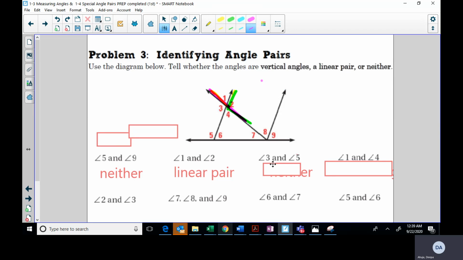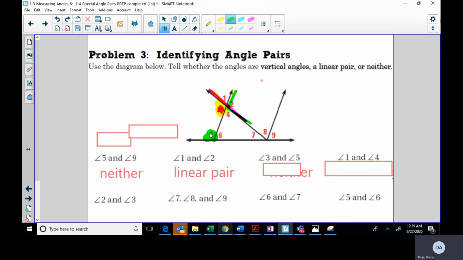What about now angle 3 and 5? Angle 3 is here. Angle 5 is here. Do you think they have anything in common?